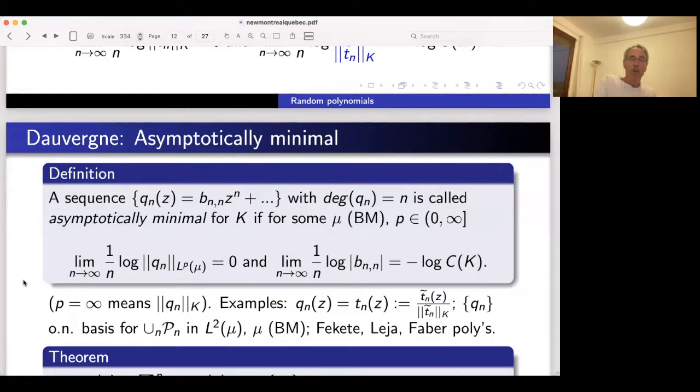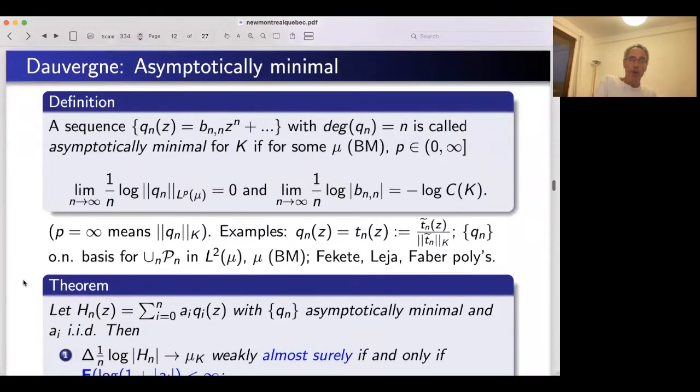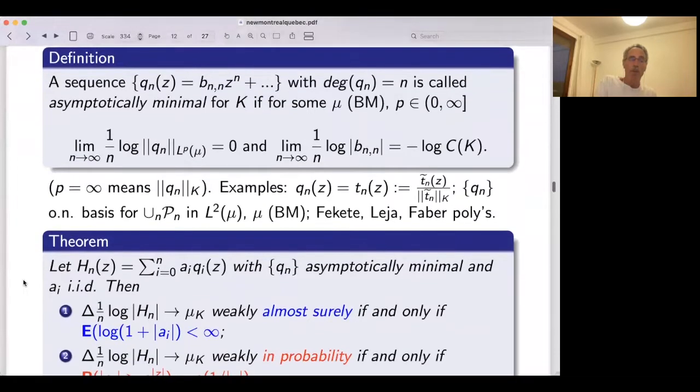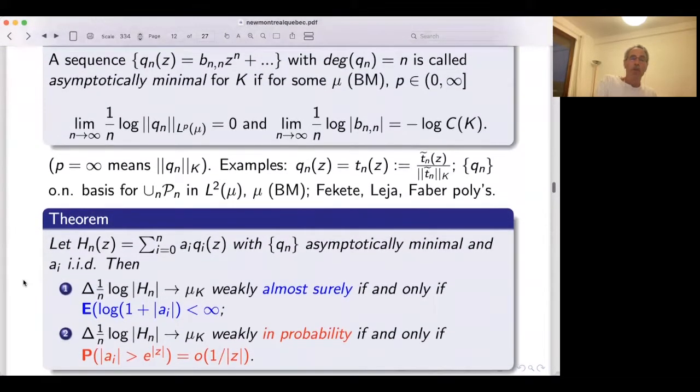In Duncan's theorem, now you'll see these probabilistic conditions coming in, consider random polynomials, as we talked about in the beginning, where you take your basis polynomials to be asymptotically minimal, and your coefficients ai are again independent and identically distributed.